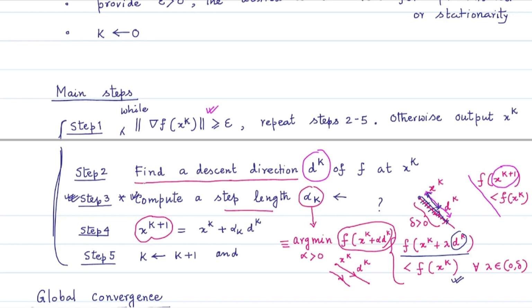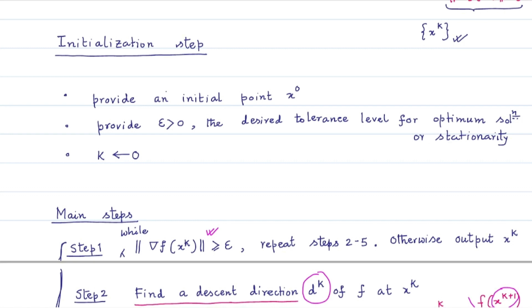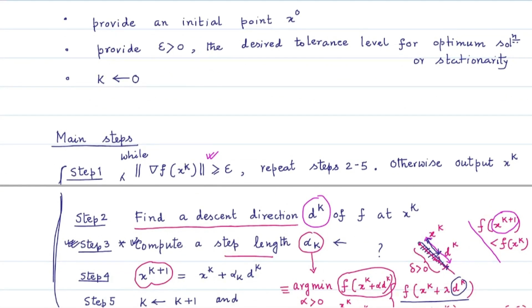In the next lecture, I will discuss in detail four inexact line searches to identify step length in step 3 of this general algorithm for optimization. As I will not go for discussing exact line search techniques to identify exact step length in step 3, I will just mention a few commonly used methods for exact line search and also mention the references of those methods, so that if you are interested you can look at those methods.